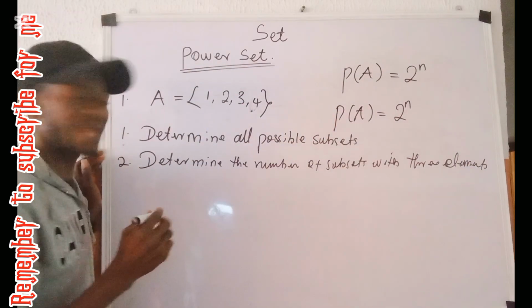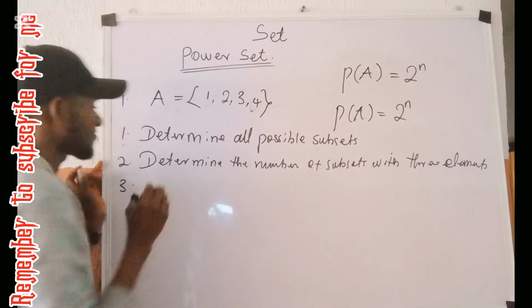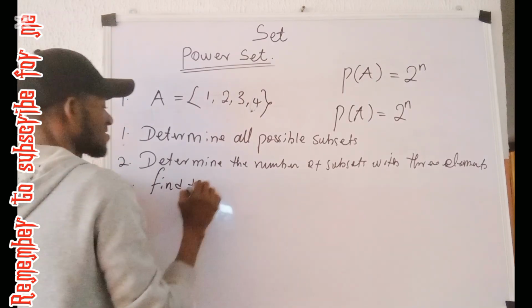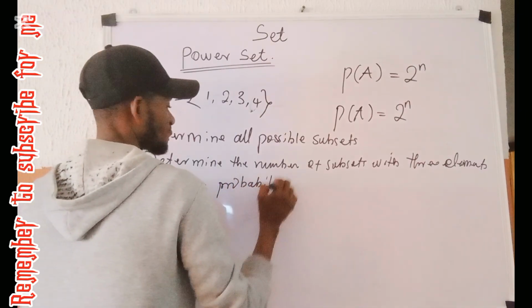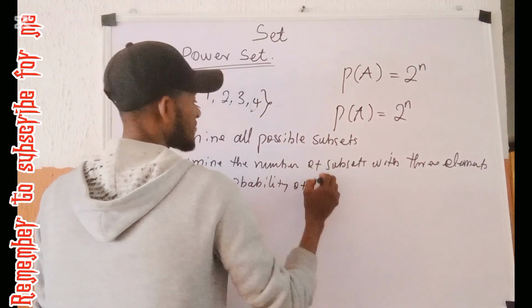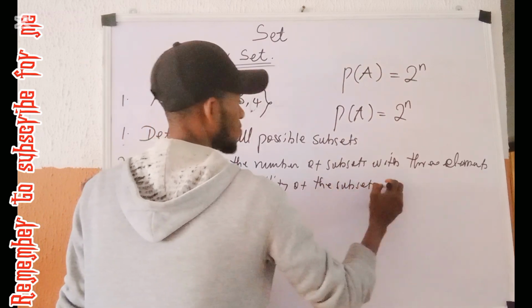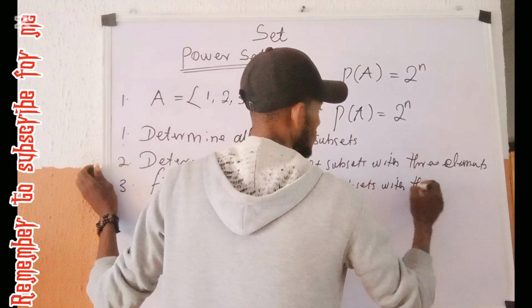And then number 3, find the probability of the subsets with 3 elements.